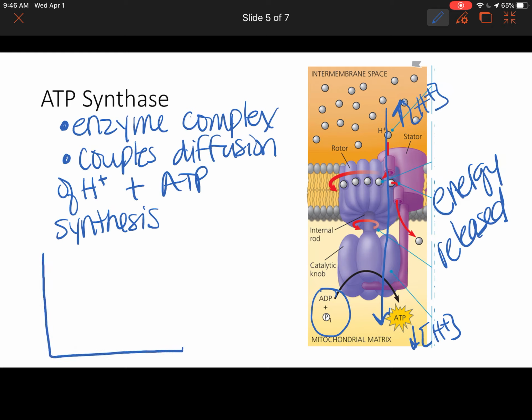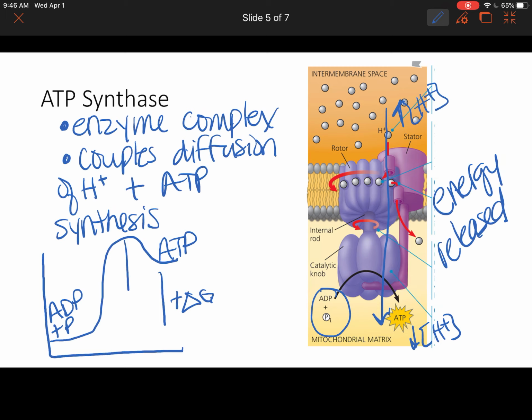Remember, ATP synthesis is a highly endergonic reaction. Okay, we've got a big positive delta G here. We've got a big energy of activation. Where does that energy come from?